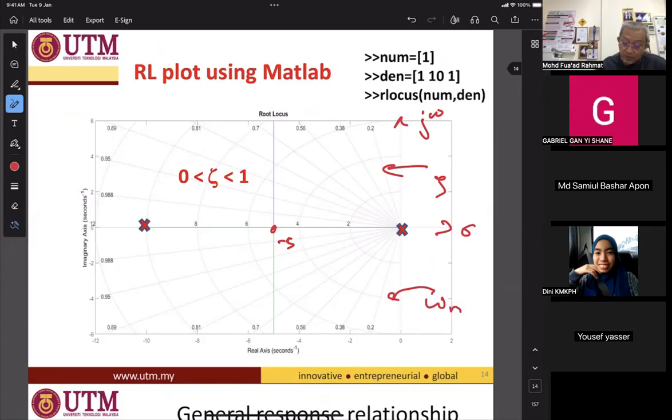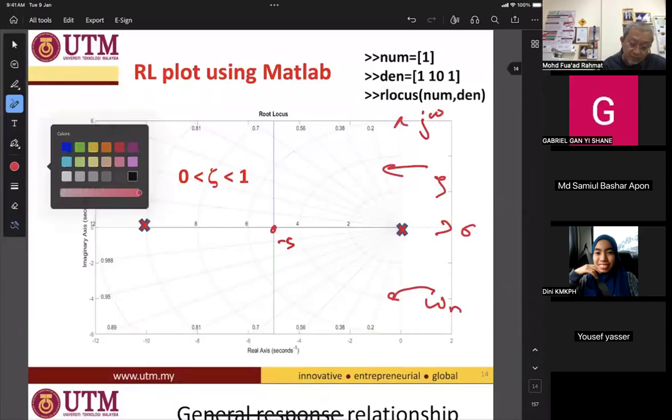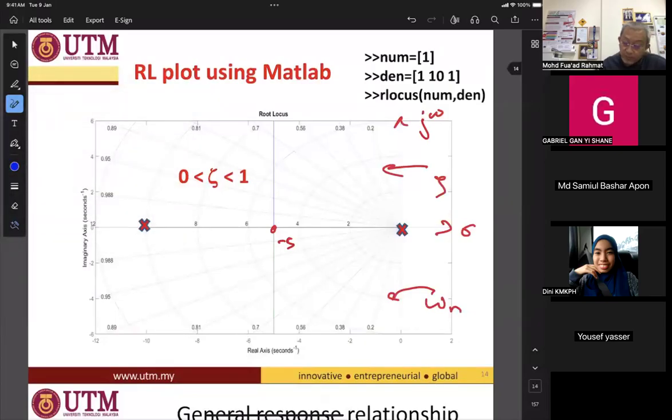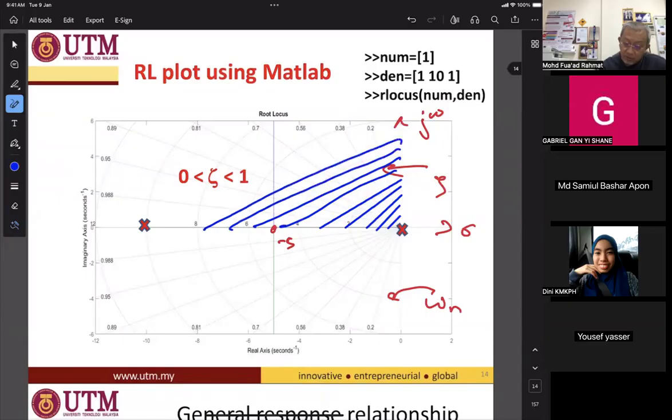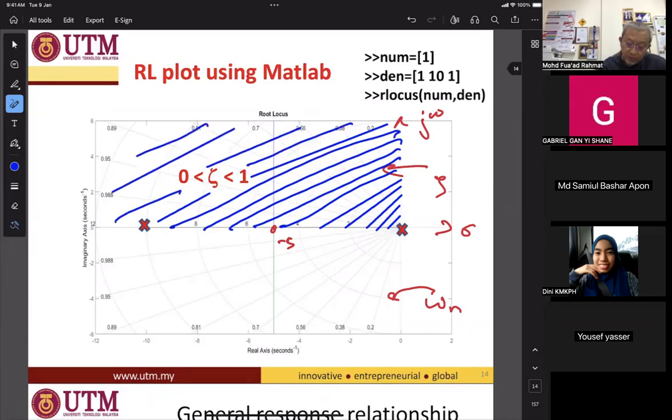So in control system design, our area of concern is this quadrant. You must make sure that all the controllers that you design in this course are in this quadrant. In this quadrant, the range of zeta is between 0 and 1.